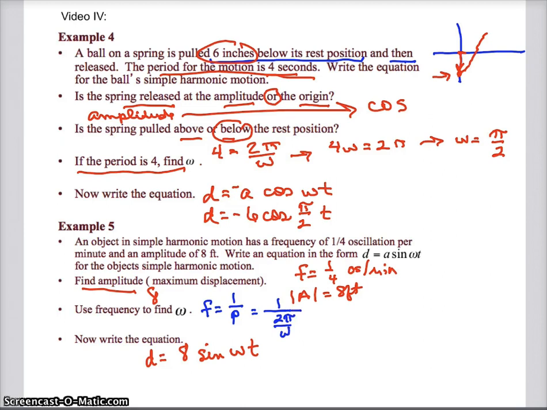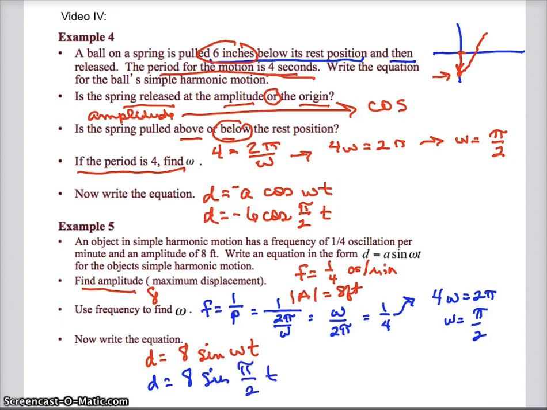And we can keep it, switch it, flip it, and the frequency is omega divided by 2 pi. We were given the frequency as 1/4, and now we can cross multiply, and omega is pi over 2 again. So our equation is d equals 8 times the sine of pi over 2 t.